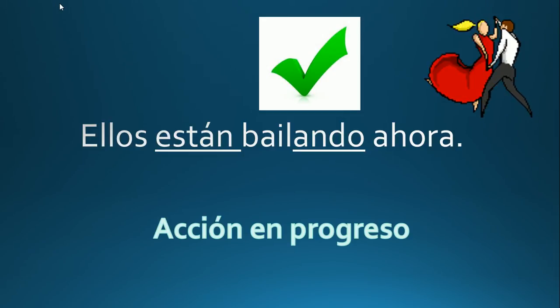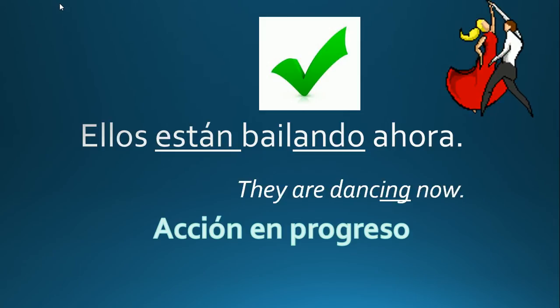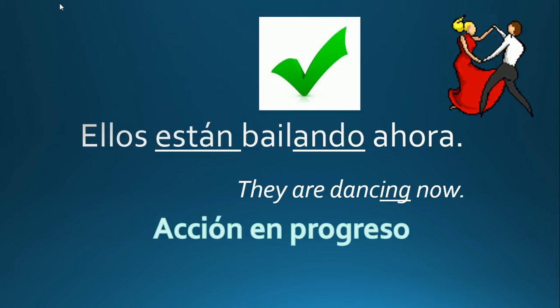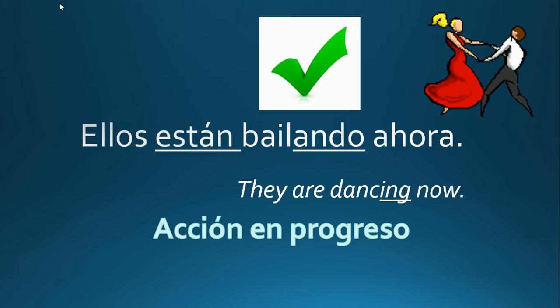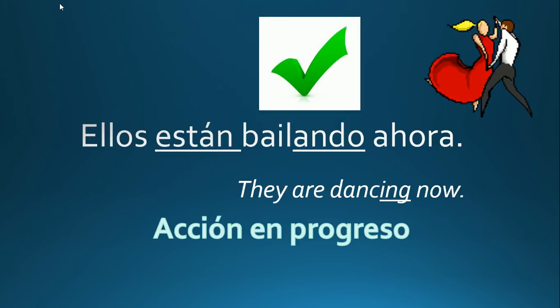So that's how in English we would say they are dancing now. Ellos están bailando ahora. Okay, so it seems like if a verb in English ends in ing, then in Spanish it's going to end with ando or yendo.